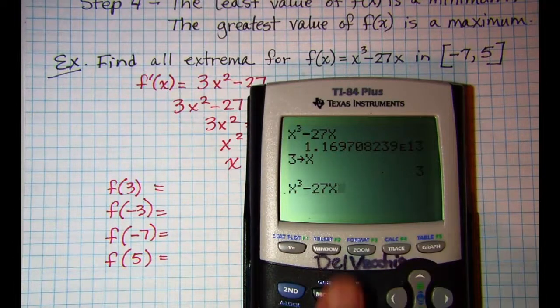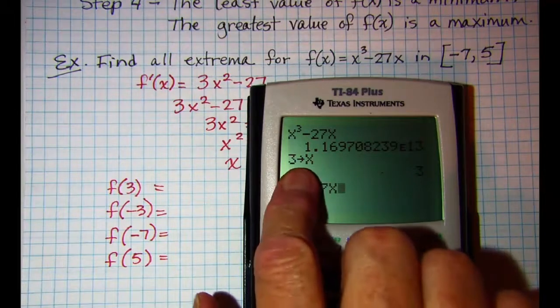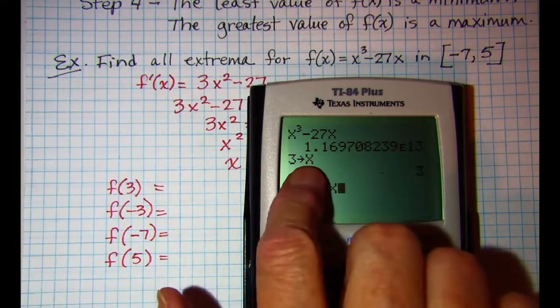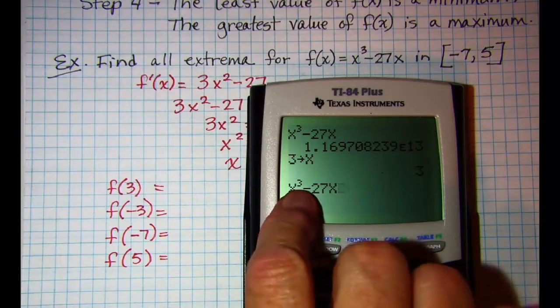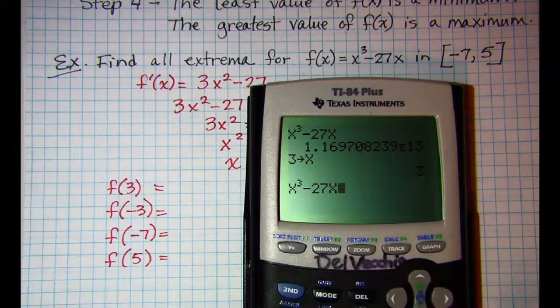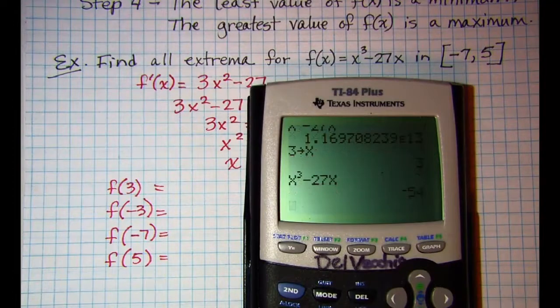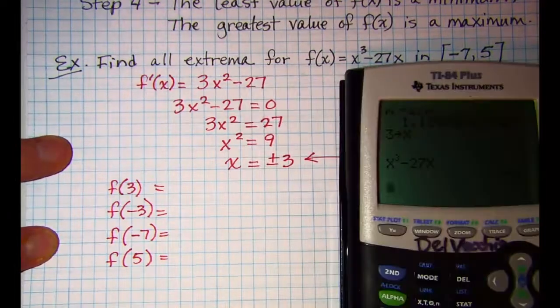Now, since I stored 3 into the x memory, now when we evaluate this function, it'll do so with x equal to 3. So it looks like -54 is what I get when x is 3.